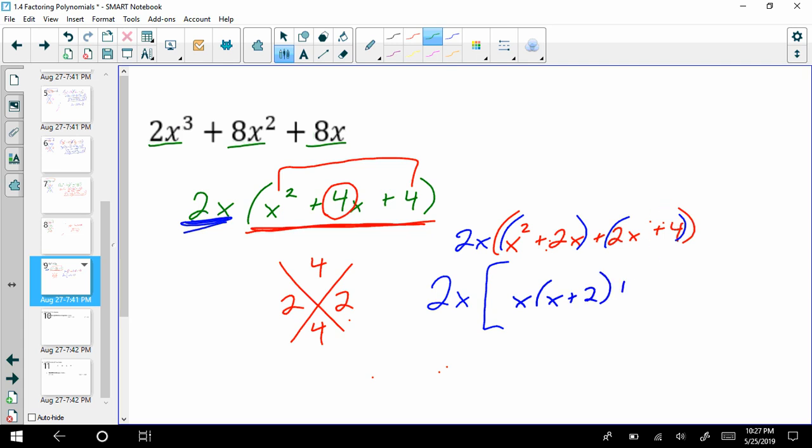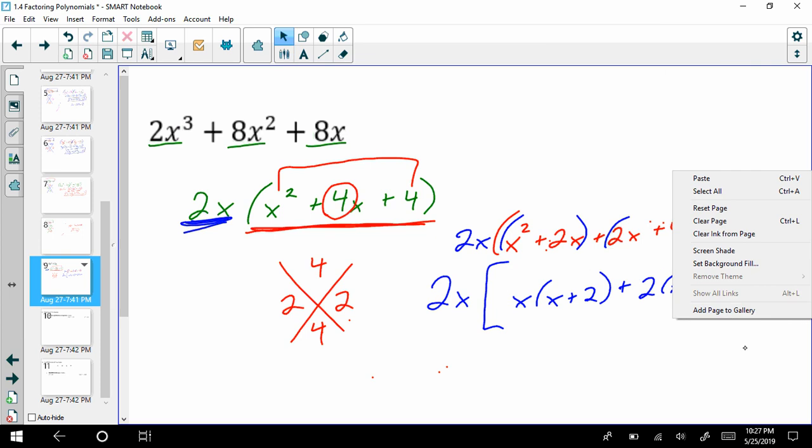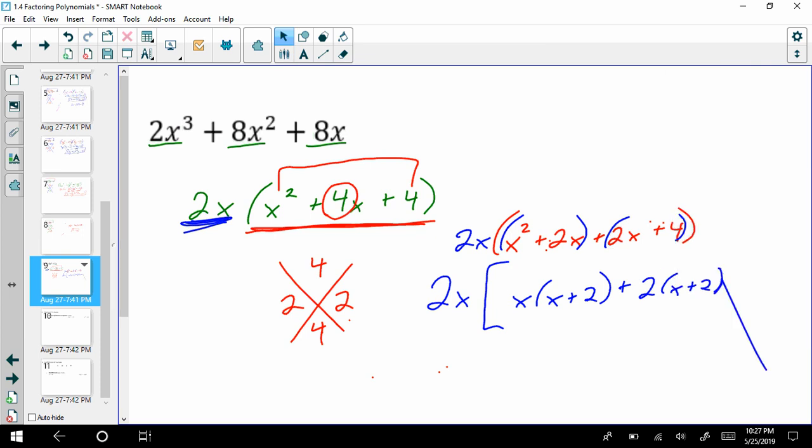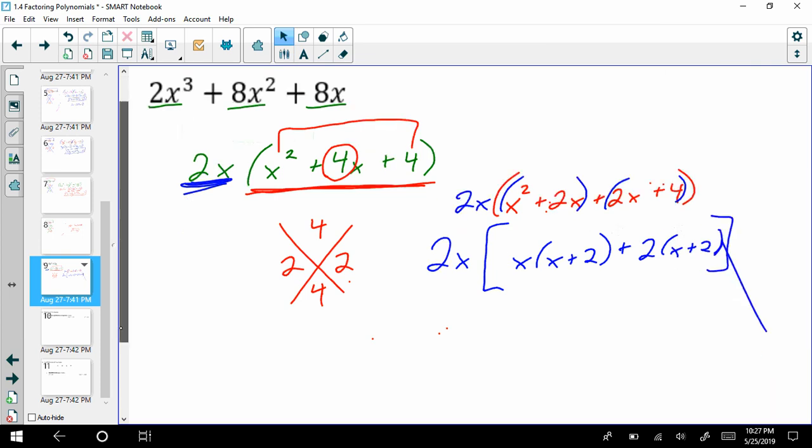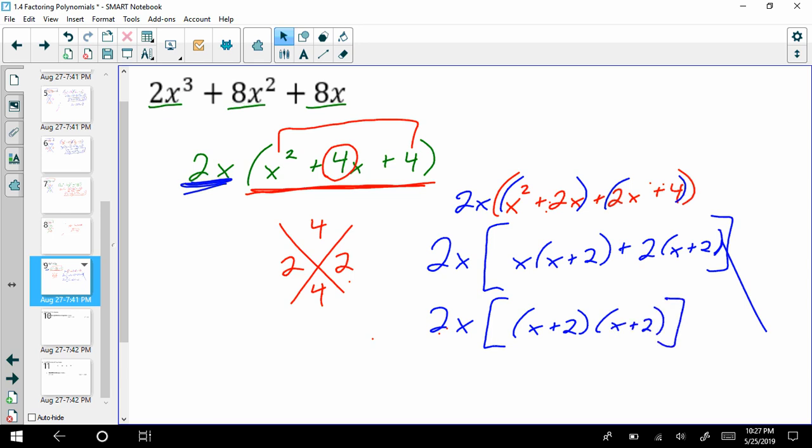From the other set I'll take a 2 out. I'm just carrying down this 2x. So then I get x plus 2 and x plus 2. Since they're the same, we can just write it as x plus 2 squared.